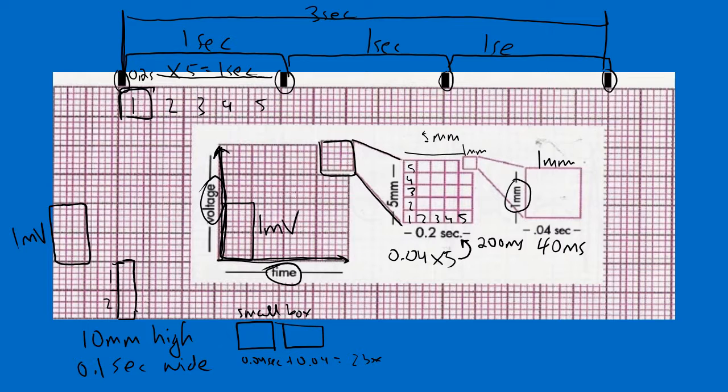Here's another one. And we said the total is 0.1 seconds. So we just have to add another 0.02 seconds. I hope that makes sense. So again, a 10 millimeter high wave that is 0.1 seconds wide is equal to 10 small boxes high and 2.5 small boxes wide.